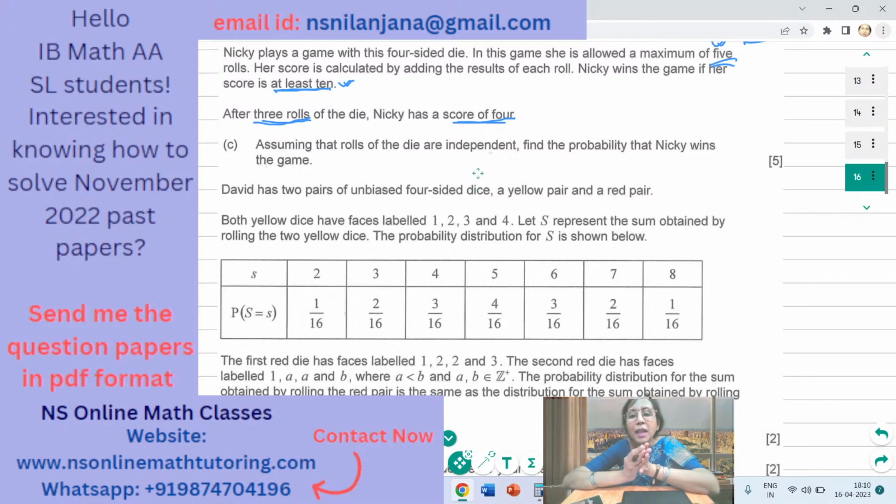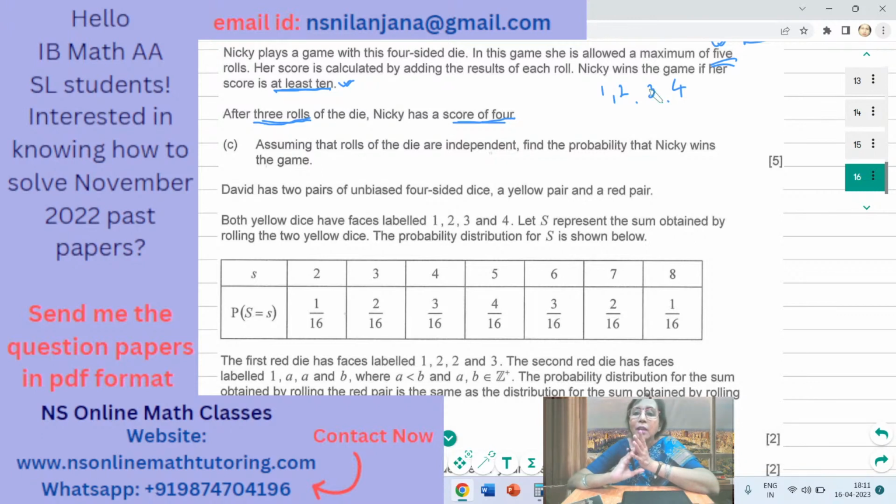In order to get a 10, she has to have a 6 in the 4th roll if she has to win in 4 rolls. But the die is only having 4 faces, 1, 2, 3 and 4. From where can she have 6? The number 6 will never be coming up. So she will be needing 2 more rolls. She cannot win by just playing another roll. Okay, that is very much sure. She has to play for the remaining 2 rolls.